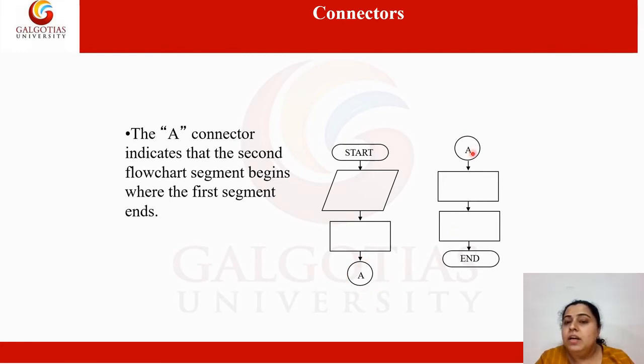Basically, if I put an arrow from this place to that place, as I have put right now, it's similar to that. The A connector indicates that the second flowchart segment begins where the first segment ends. This is what your connector is.